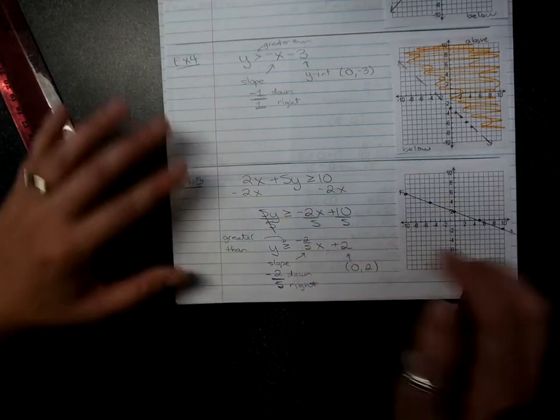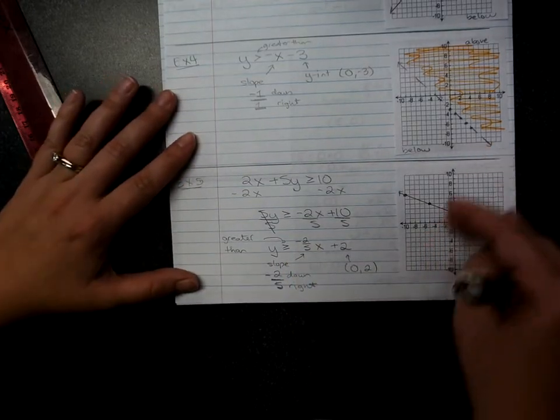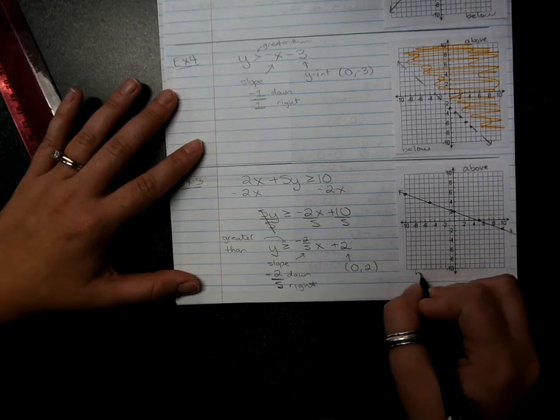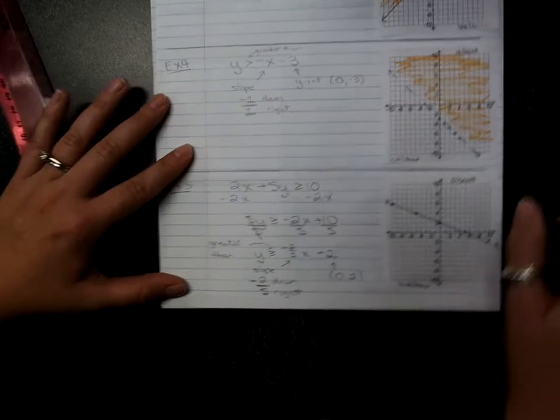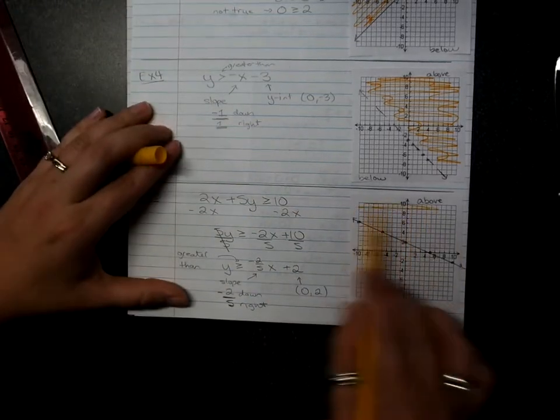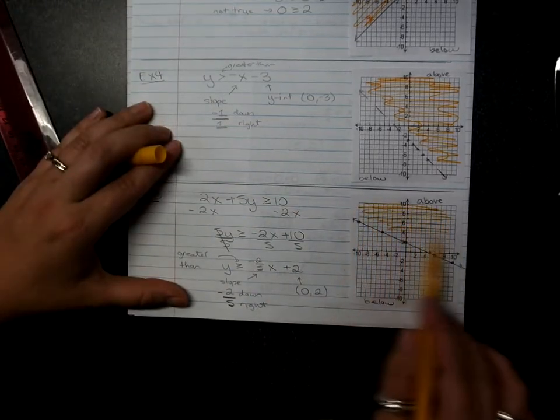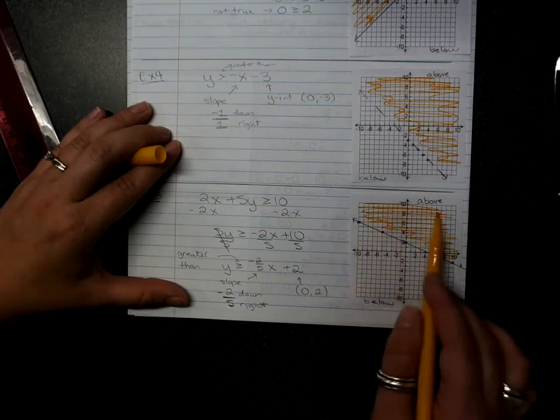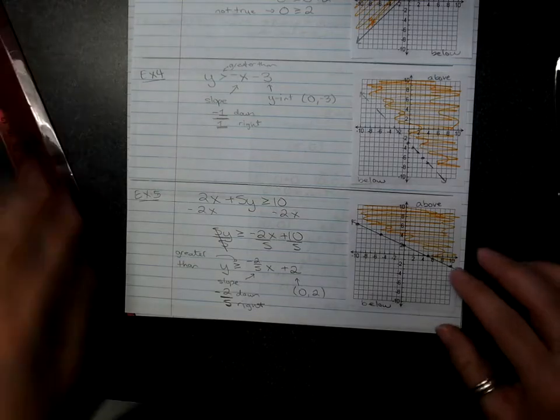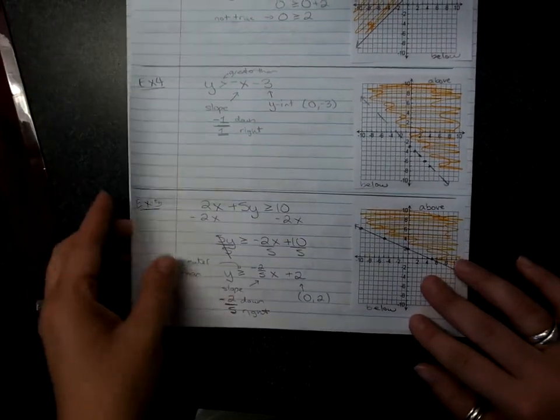It's greater than. And again, we just look above and below this line. So this is above and this is below. This says greater than, so we're going to shade above that line. If it said less than, we would shade below that line. Alright, let's try a few more.